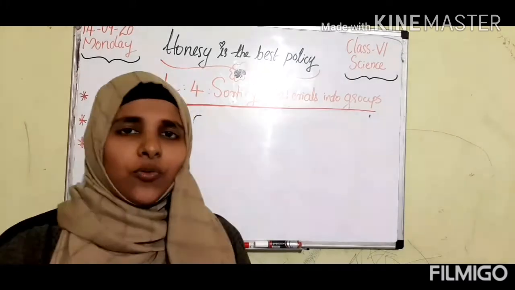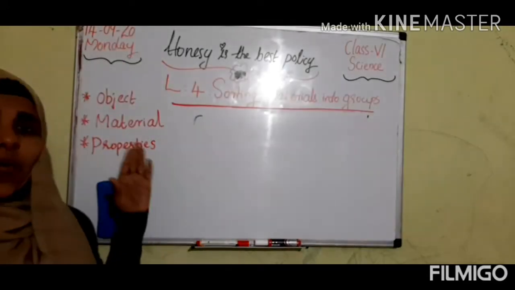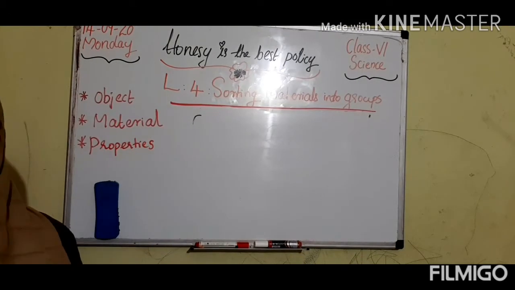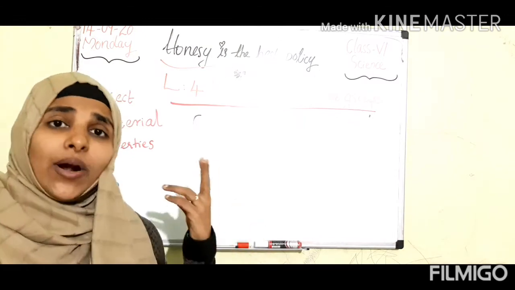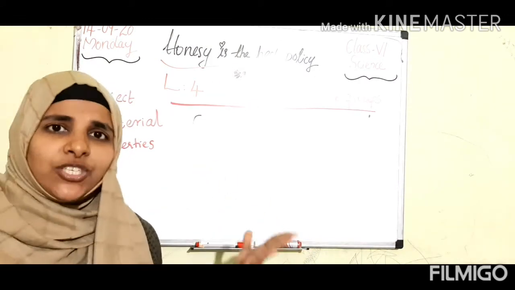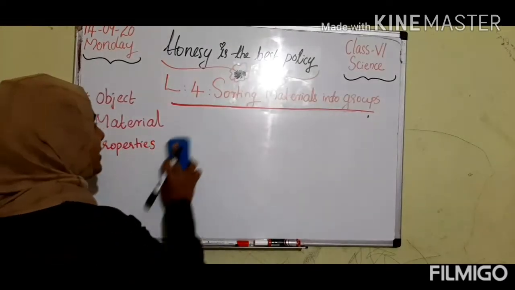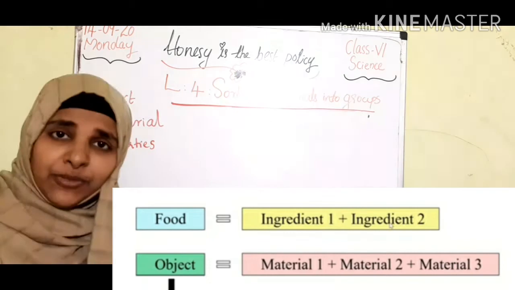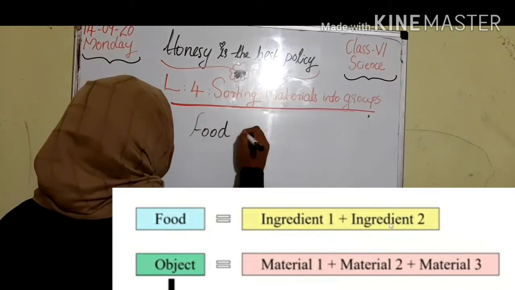Before moving forward, it's very important to understand what objects are, what materials are, and what the different properties of material are. Before that I have to explain the main difference between objects and material. We already learned in our first lesson, food, that foods are made from different types of ingredients.